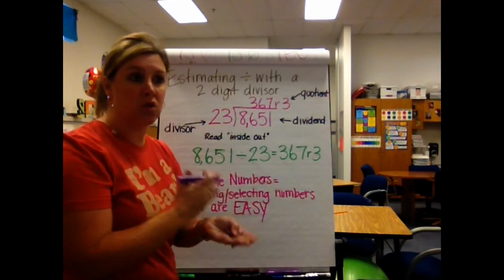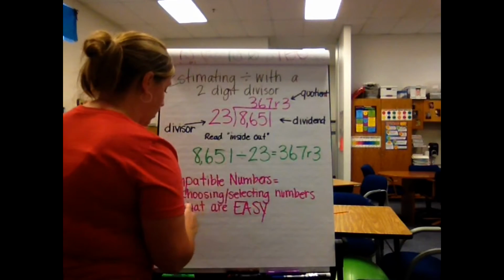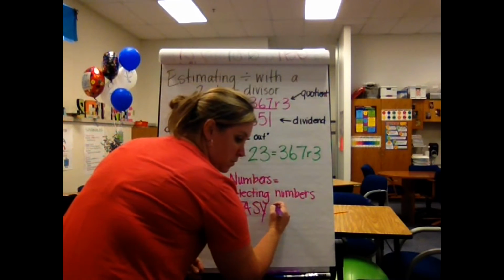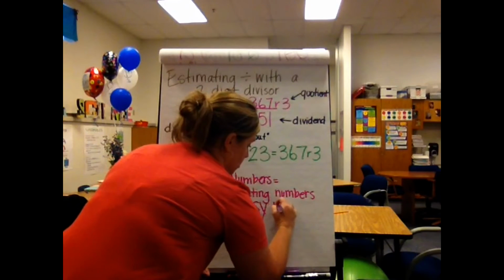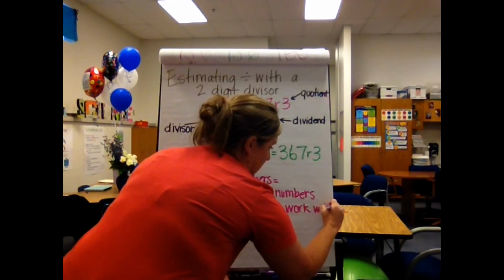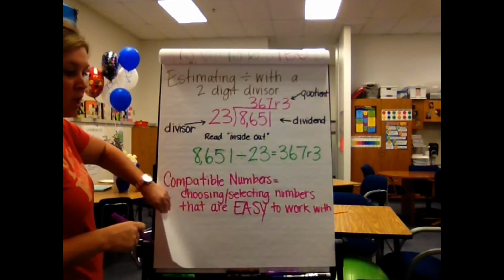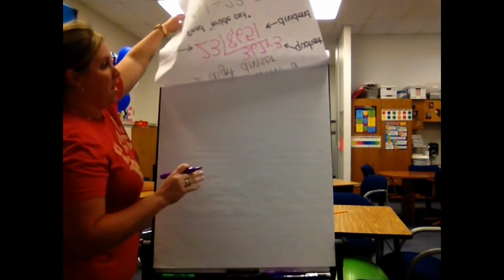When you're talking compatible numbers, they're very, very fast to solve, easy to work with. I'm going to turn the page because I'm running out of room. So let's talk about an example of compatible versus not compatible.